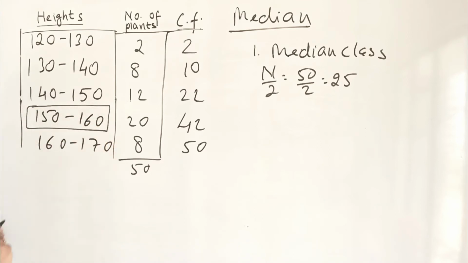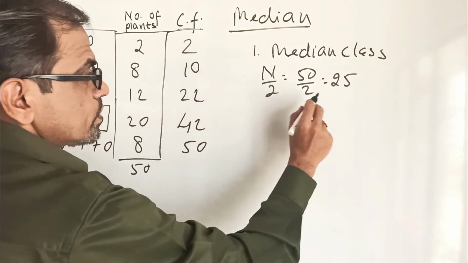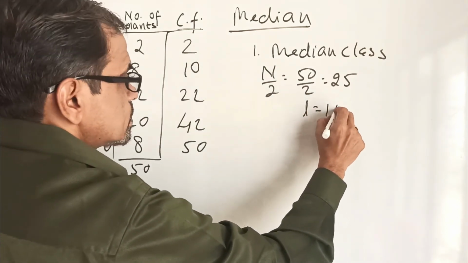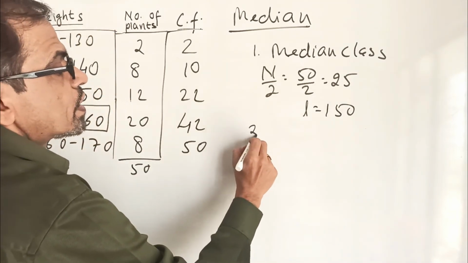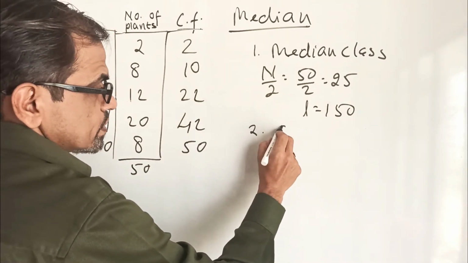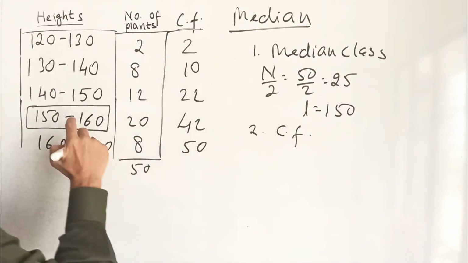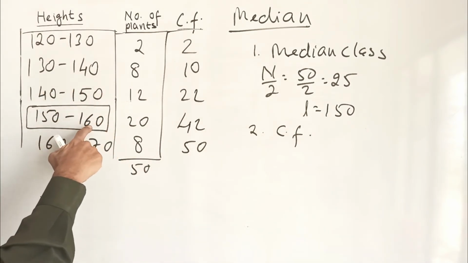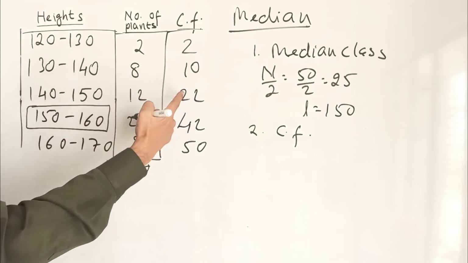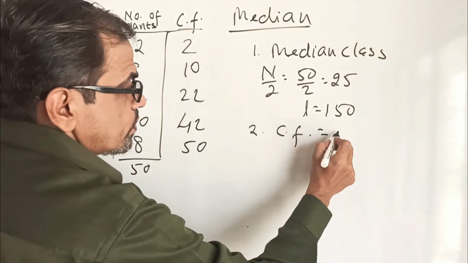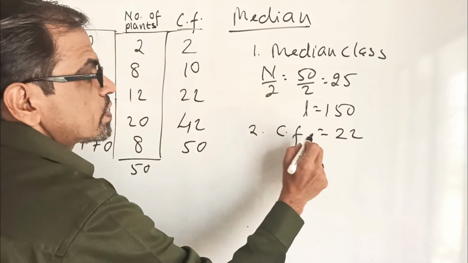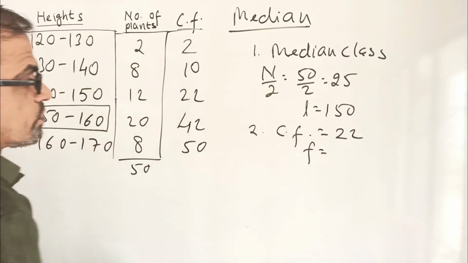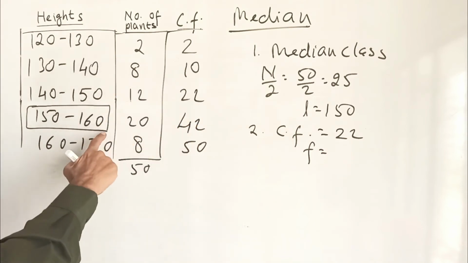Okay student. Now for this one you have to locate L, the lower limit of the median class, which is 150. In the second step you have to locate the CF preceding the median class. Just before the median class, the preceding cumulative frequency is 22. And in this same step you have to write the frequency of the corresponding class.